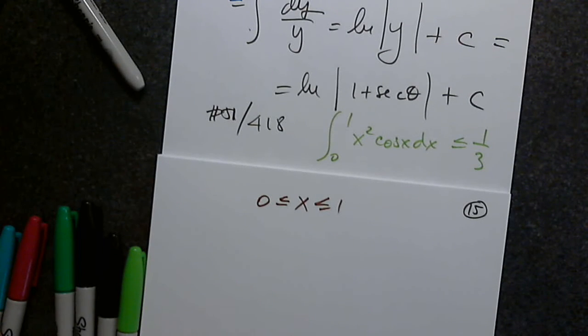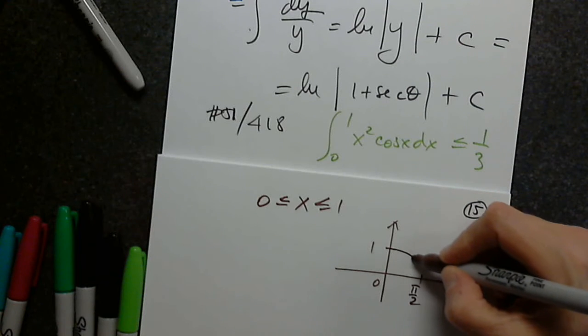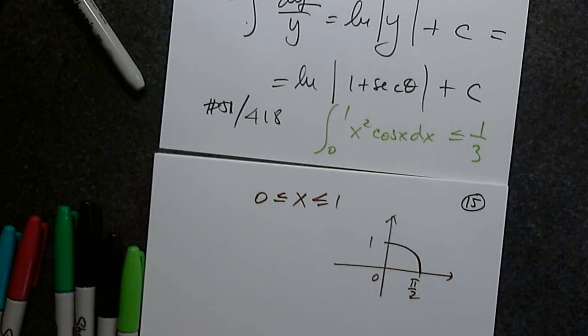Okay, now careful. Let's take a look at function cosine. Between 0 and pi over 2, is cosine an increasing function or a decreasing function? Yes, indeed. It's a decreasing function, which means this is a little bit more than 1. So this is 0 and this is 1.